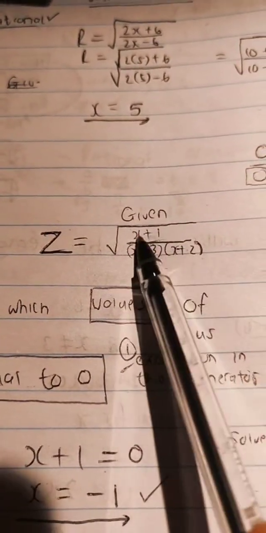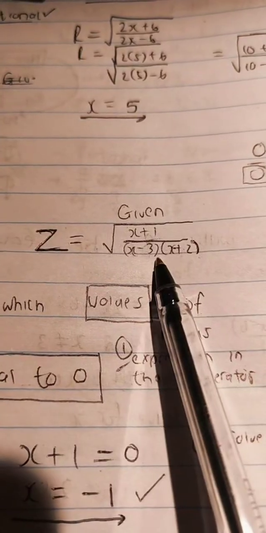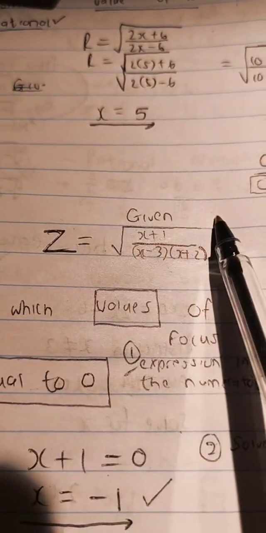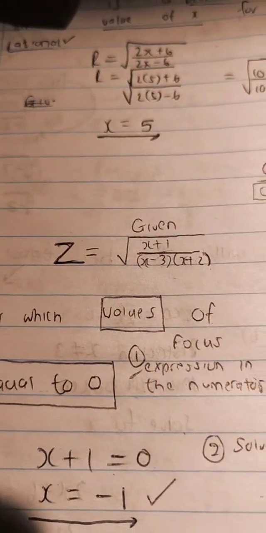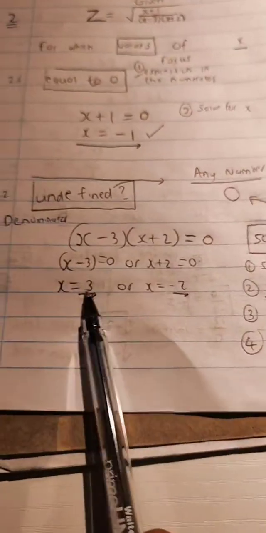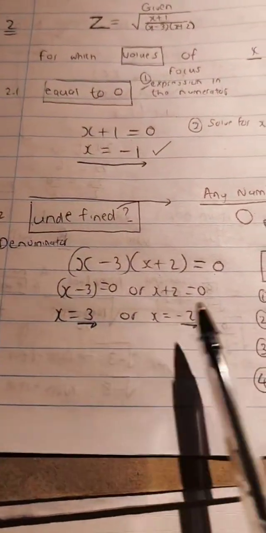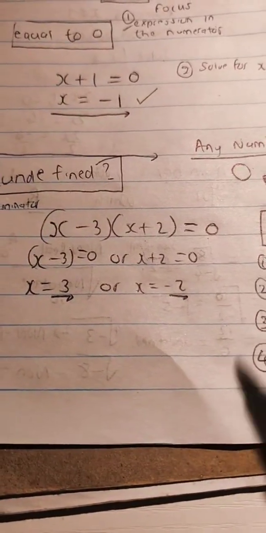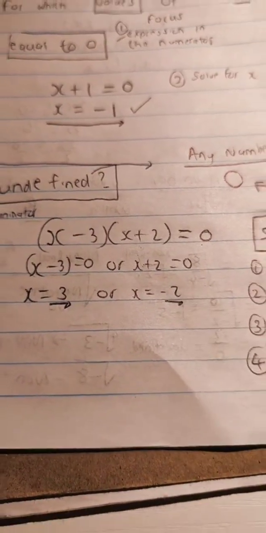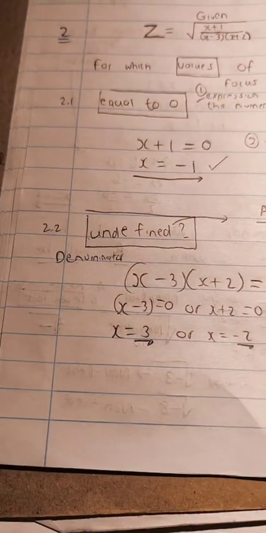That negative number divided by 0, before you even square root it, will lead to an undefined fraction. You see? So that's why both answers qualify. Both of them are valid in our answer.